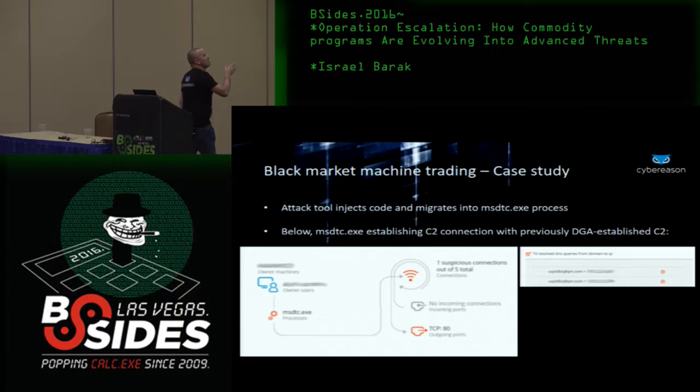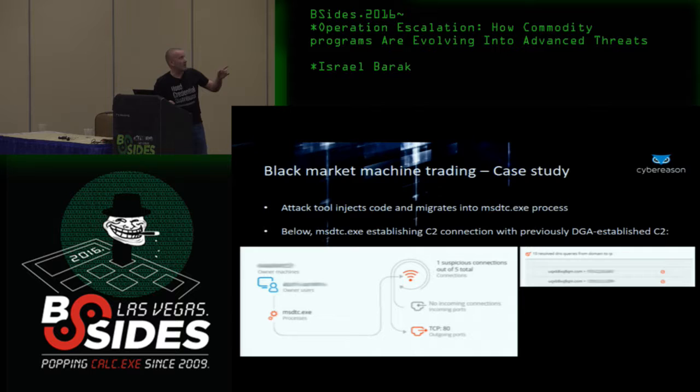The next step that we've identified on these machines is that the attack tool injected code and migrated itself into a specific process, in this case, MSDTC. We see here an example of one of these processes, after being migrated into, communicating with the new command and control infrastructure that was established by the DGA.